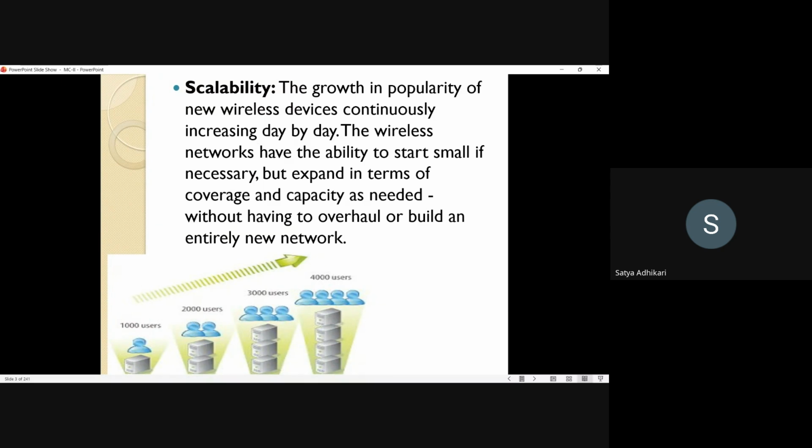It can expand in terms of coverage and capacity. So this feature is known as scalability.